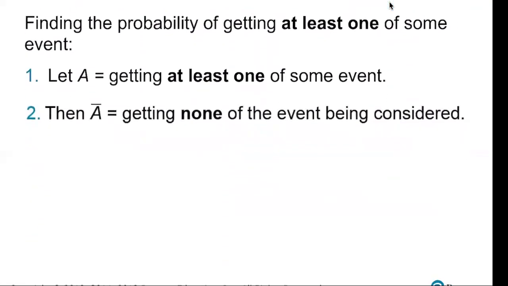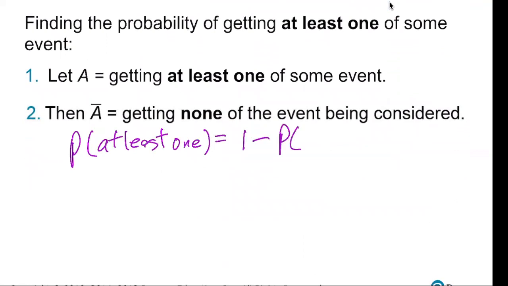So the way we're going to do this is we're going to relate the probability of an event and its complement. So I'm going to do a probability of at least one is equal to 1. I'm going to subtract the probability of none, which is the complement. That's the event. That's the complement.